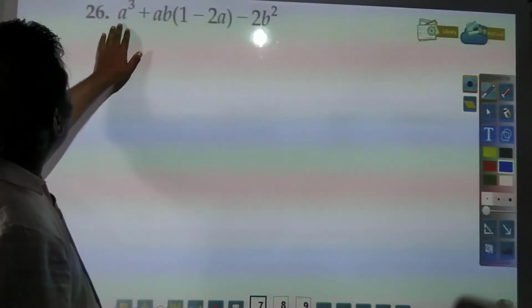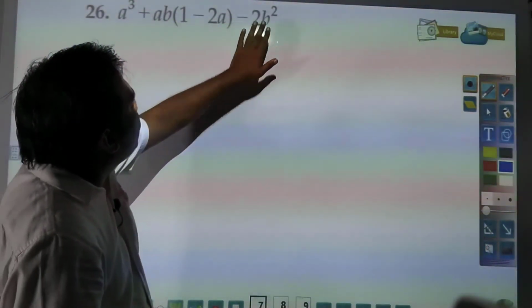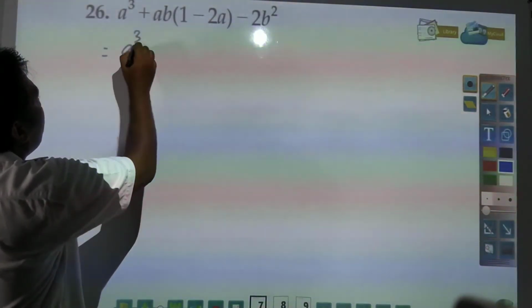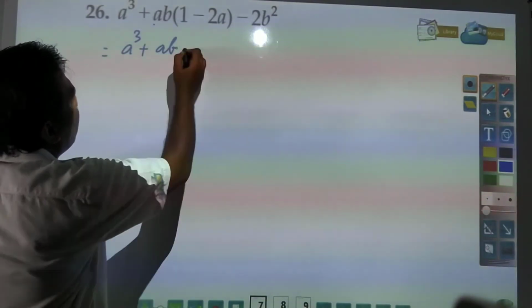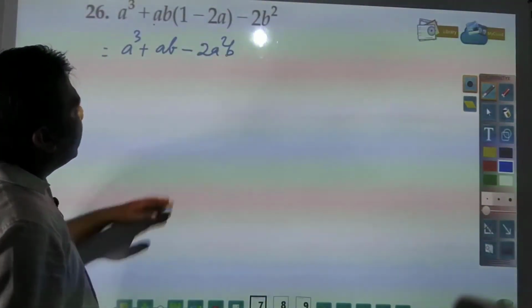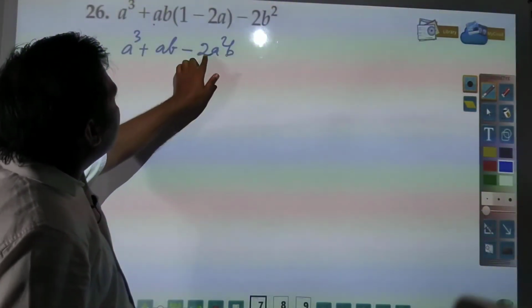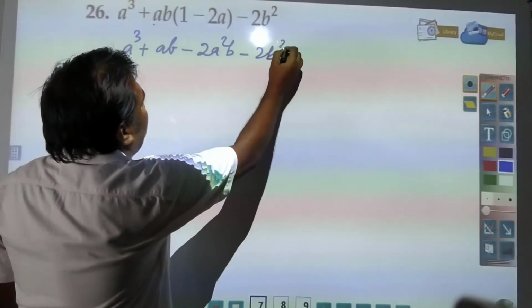we have a cube plus ab into 1 minus 2a minus 2b square. So what to be done, a cube plus ab into 1, it will be ab minus 2a square b we will have. If you are multiplying ab with minus 2a, you will get minus 2a square b, and minus 2b square we have.